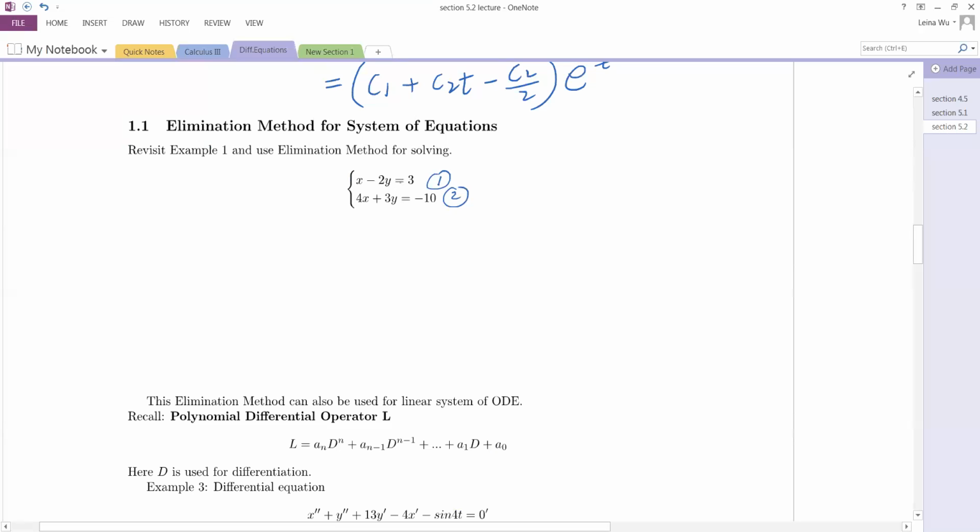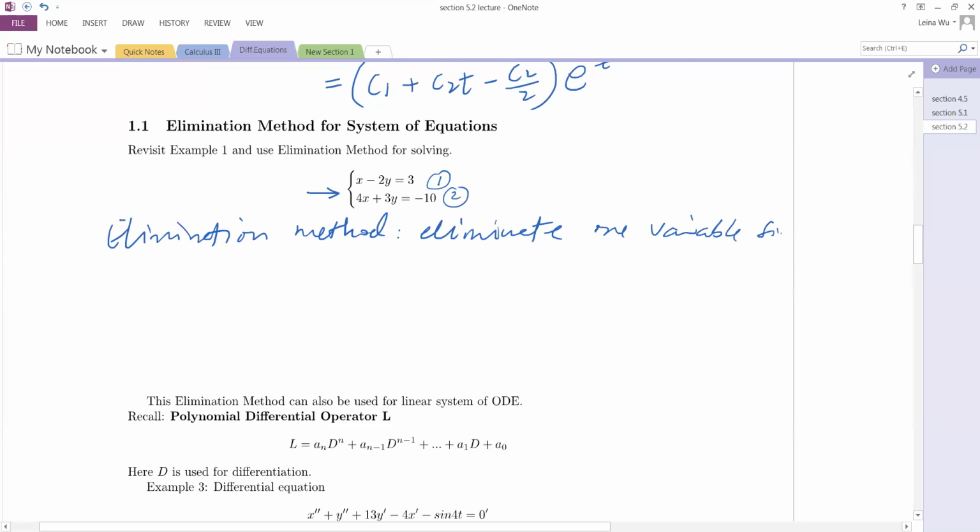So when we first brought up this question, Haziel was responding saying that we can use elimination method, right? So elimination method, if we revisit that simple system, will basically be trying to eliminate one variable first, right? Now, in this case, you can either eliminate the x or you can eliminate y, but the x will be easier to eliminate because equation 1, coefficient of x is only 1.